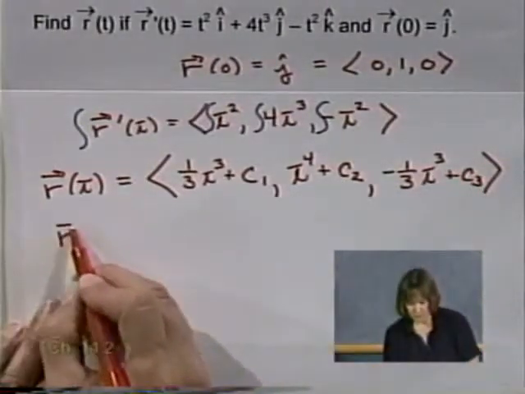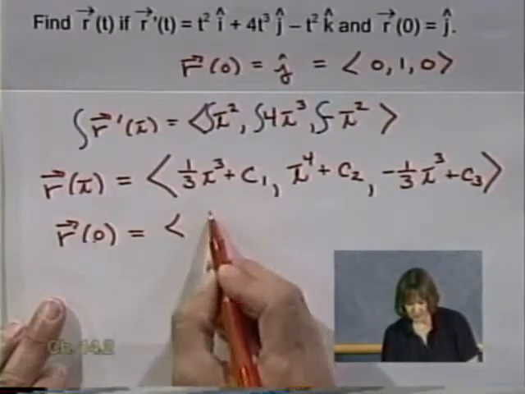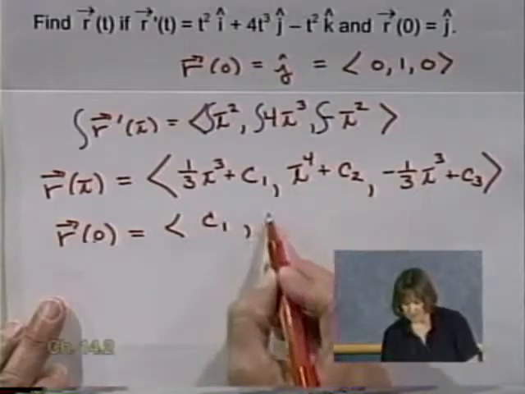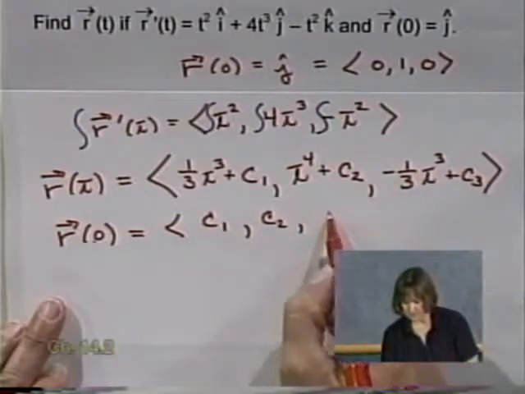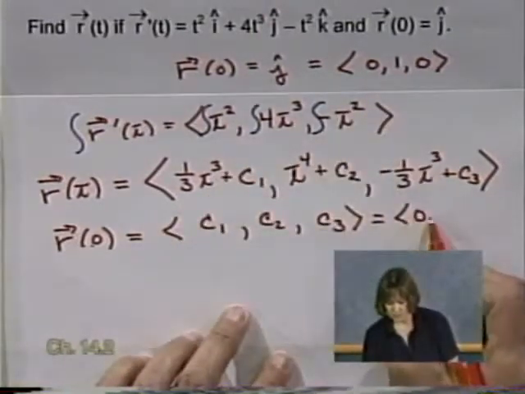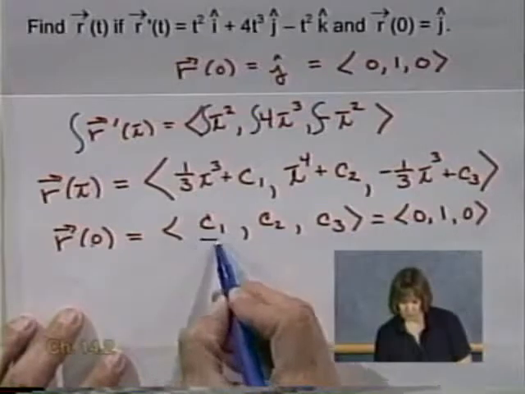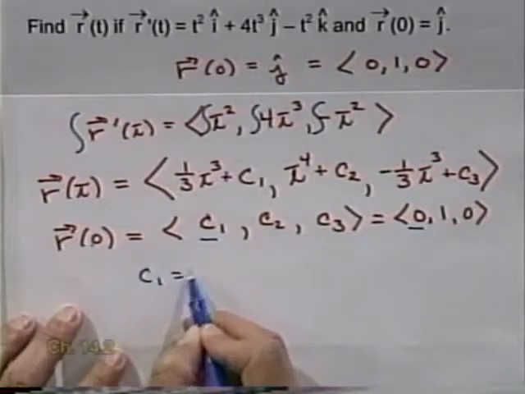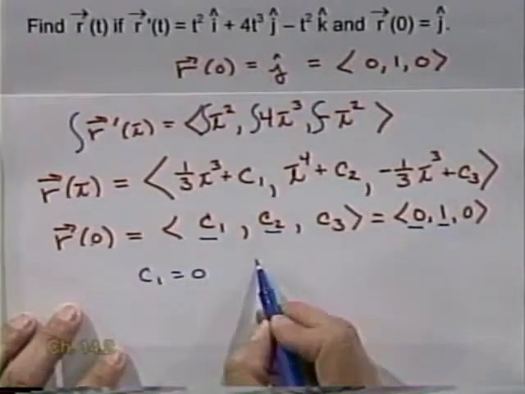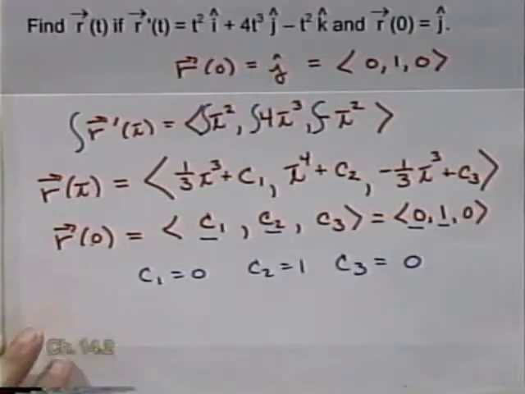But they told me r of 0, which if I plug a 0 in for t here, I get c1, comma, c2, comma, c3. They told me r of 0 is the vector 0, 1, 0, which tells me therefore c1 equals 0, c2 equals 1, and c3 equals 0.